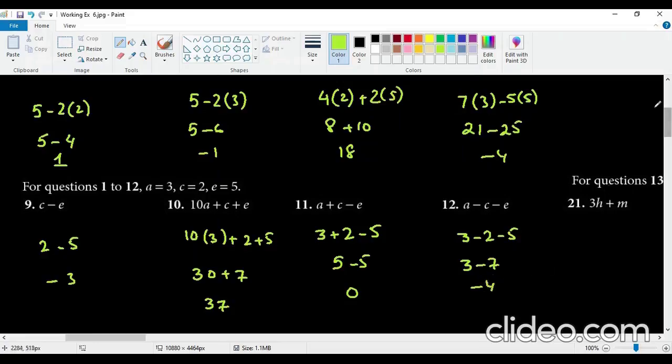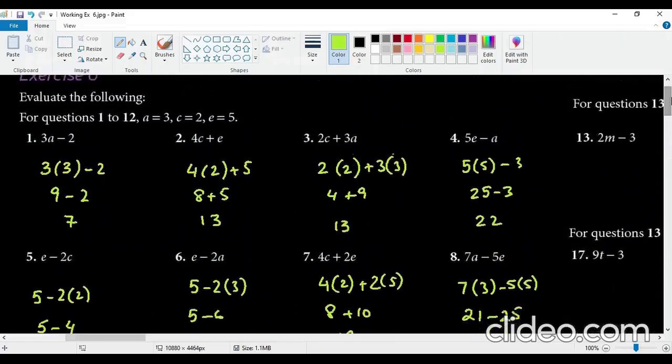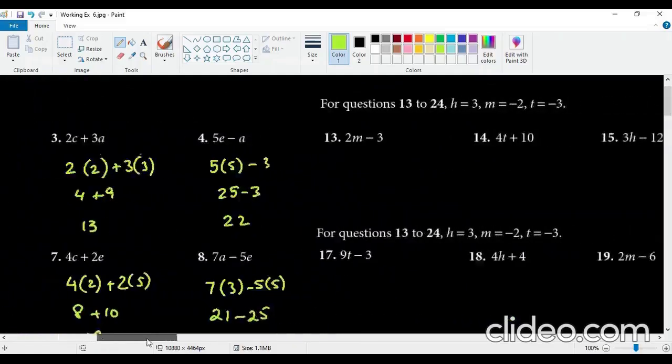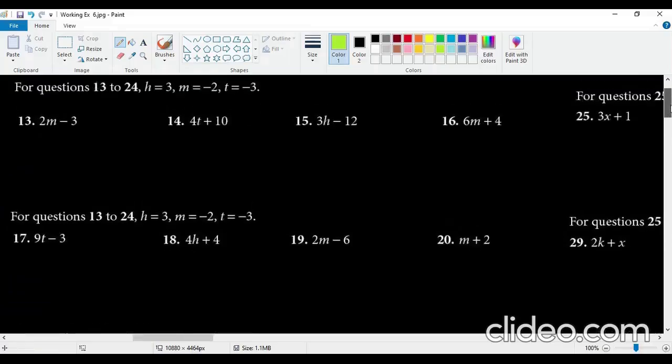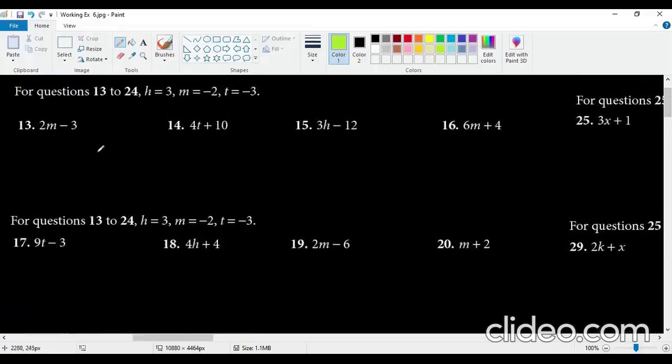When it comes to question number 13, the values are going to be changed. In this question, it says m equals negative 2, h equals 3, and t equals negative 3. So 2m means minus 2 minus minus 3. It's minus 3 only, directly, no substitution.